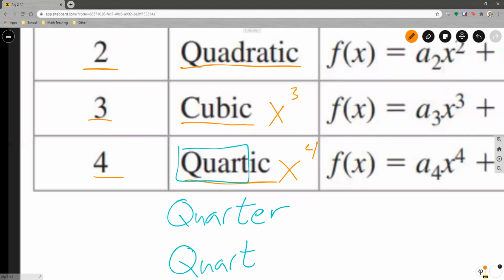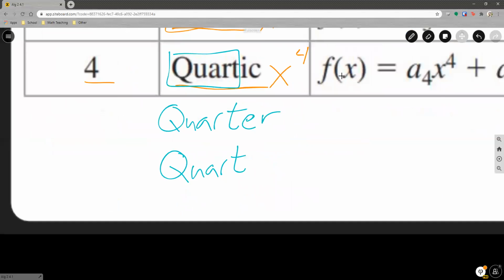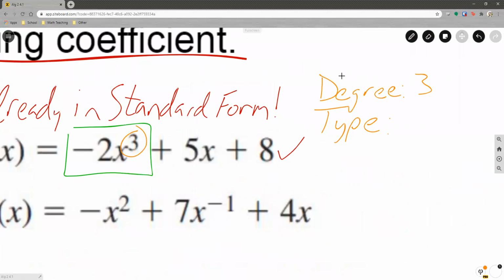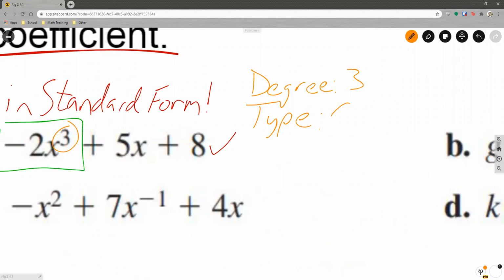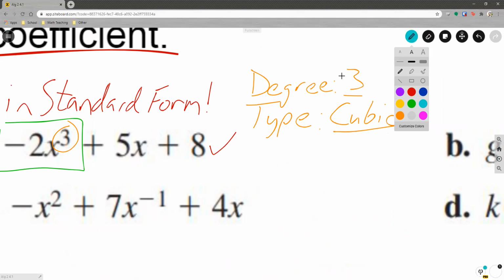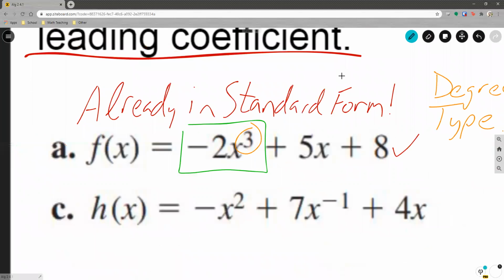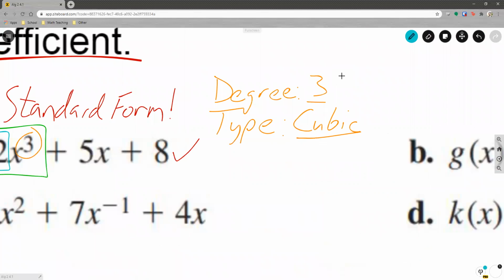It's a third degree polynomial, so it's a cubic. So my type is cubic. So really, once I find my degree, it tells me the type automatically. Once you have those memorized, it's very quick, but you can always look it up on the chart. And finally, my leading coefficient. Remember, the leading coefficient is the number that's multiplying the variable. So my leading coefficient, I'm just going to call this LC from this point on, is -2. And at that point, I'm done.